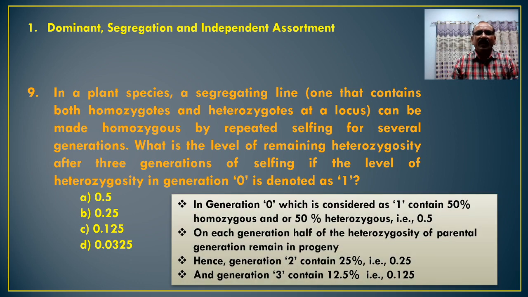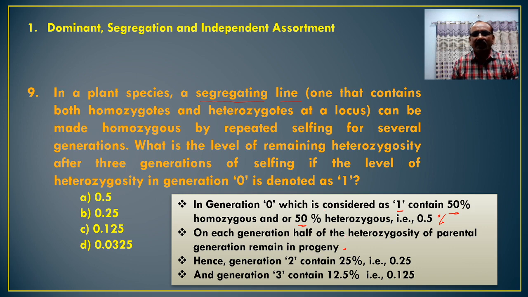In this problem, generation 0, which is considered as 1, contains 50% homozygous and 50% heterozygous, and that is 0.5. On each generation, half of the heterozygosity of the parental generation remains in the progeny because of selfing, and the other half is lost because of segregation. As we have already said, here there are segregating lines.